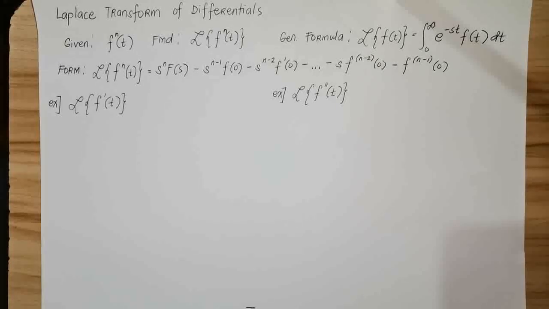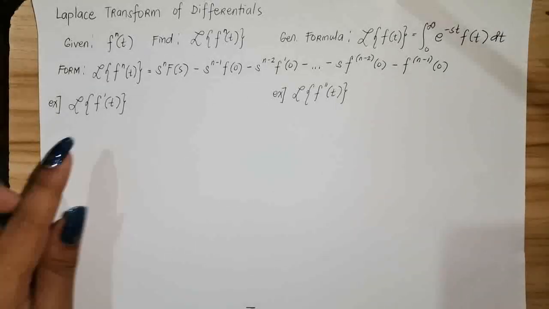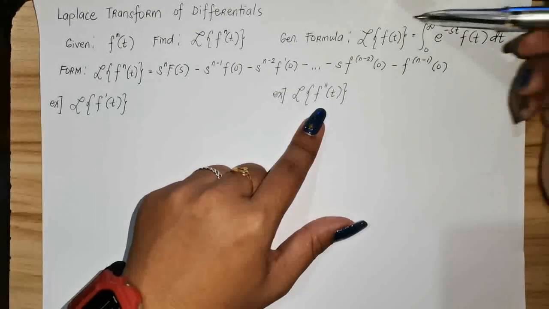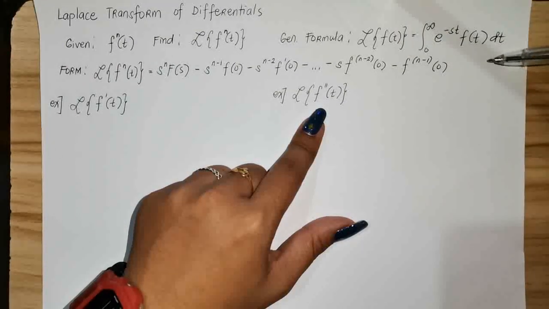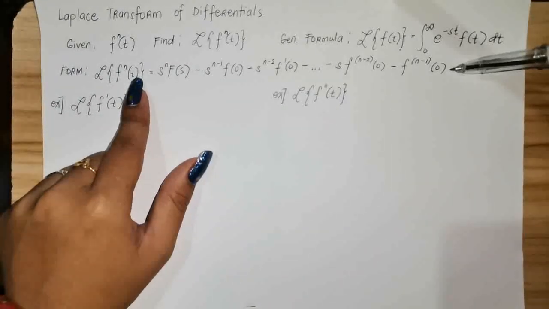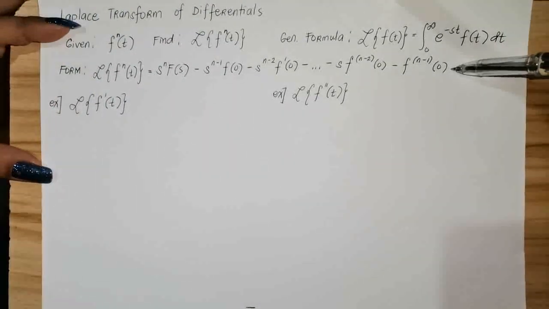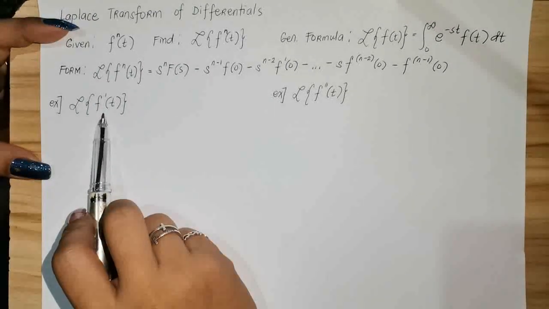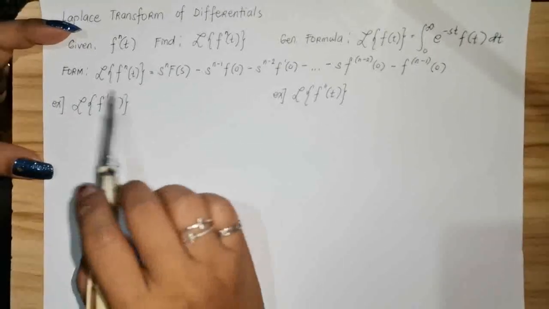So to make it easier, we'll try to solve for the given first derivative and the second derivative using the general formula. Let's see now if our shortcut formula will be followed. So first, let's say you have the first derivative of the function of t, and we will have to solve for its Laplace transform.